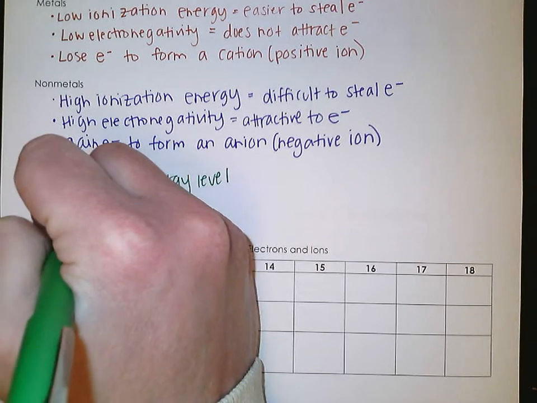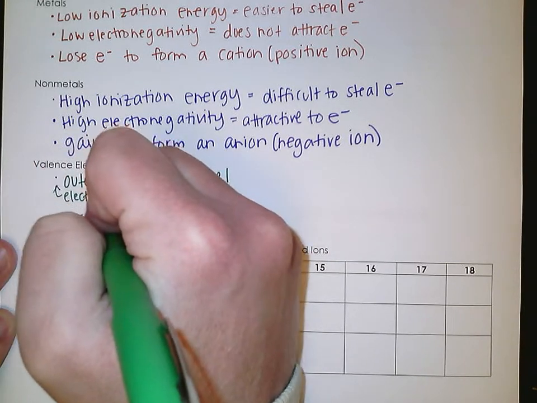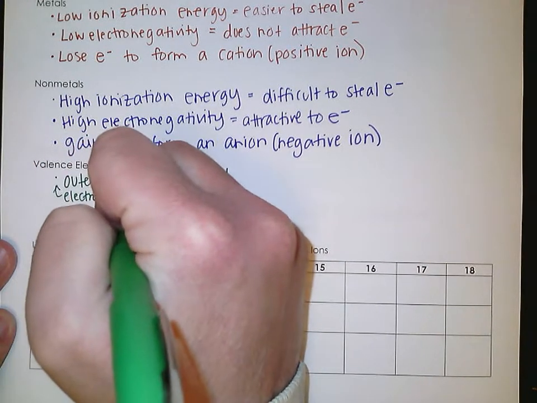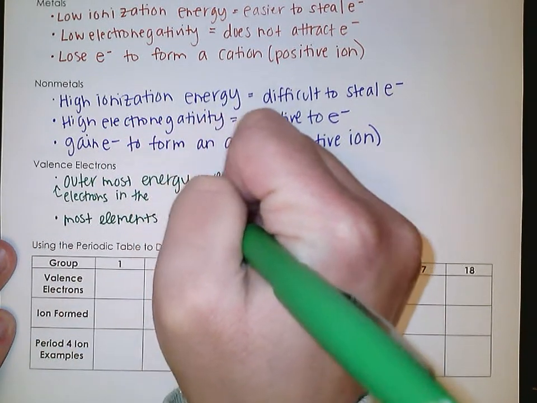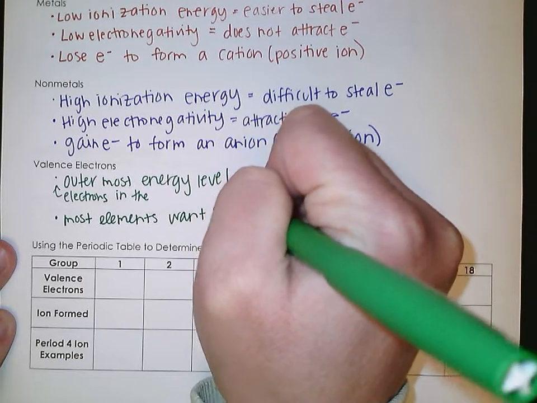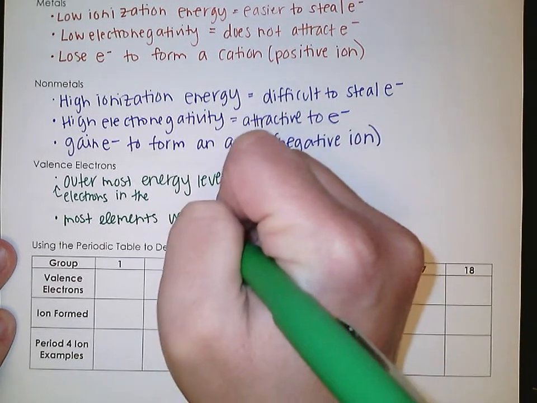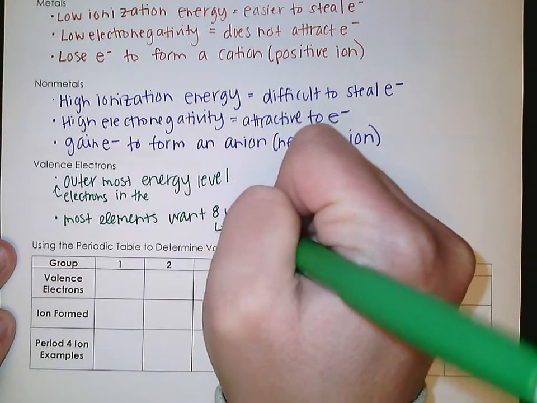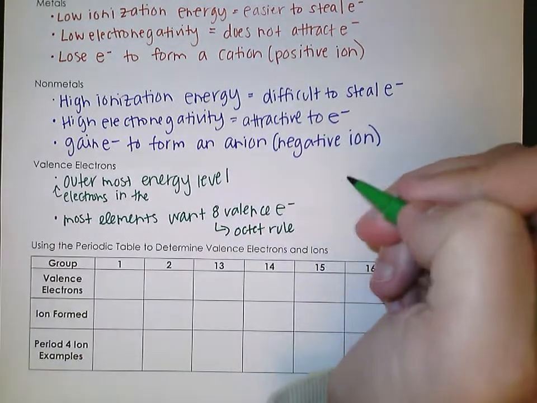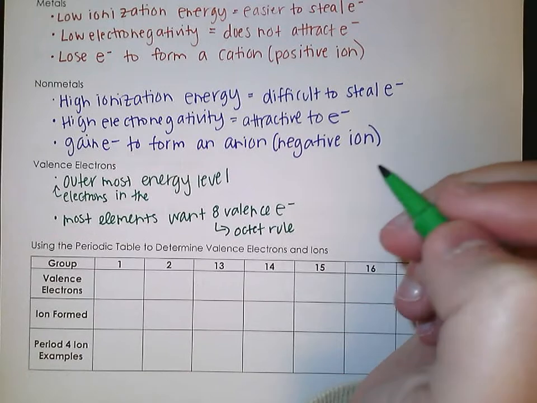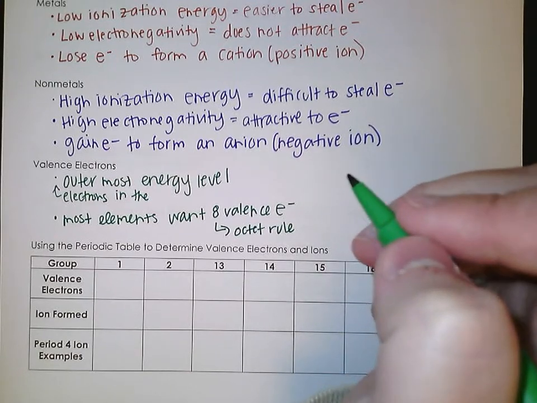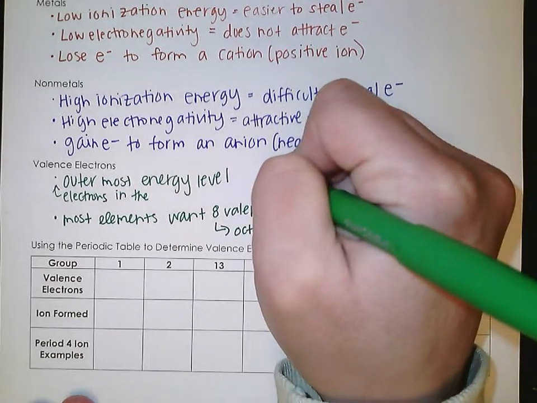Remember, most elements want 8. We call that the octet rule. Oct means 8. If you think about an octopus, has 8 tentacles. And then these are the electrons that are gained, lost, or shared.